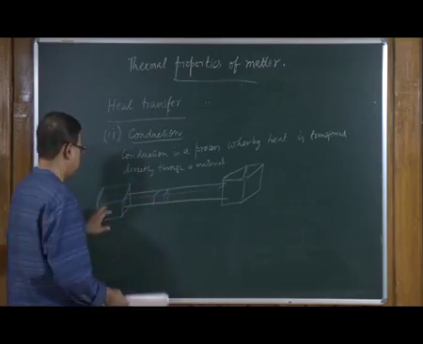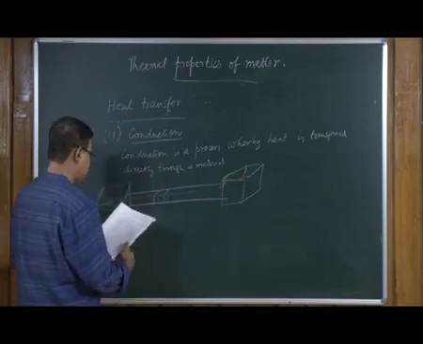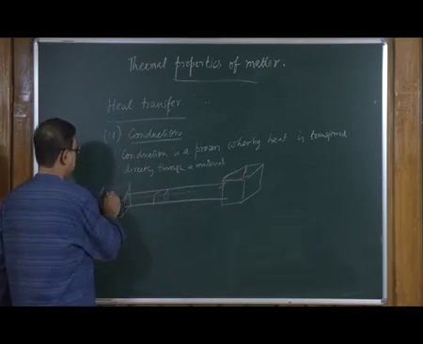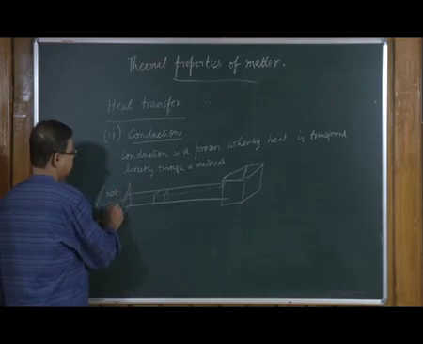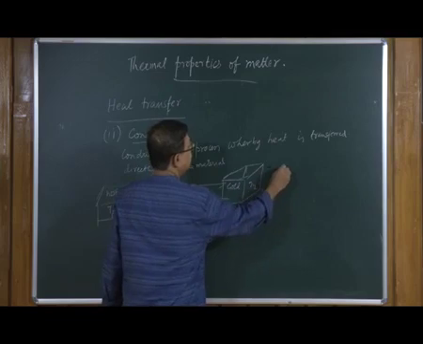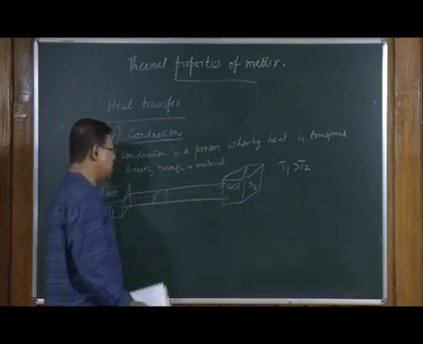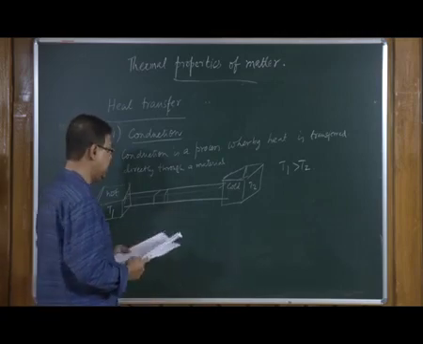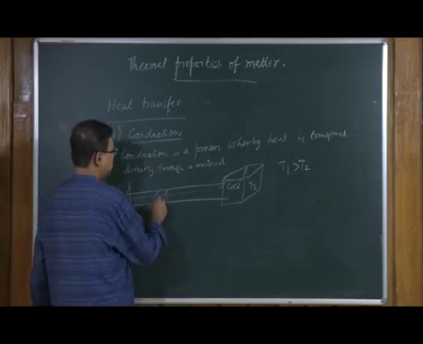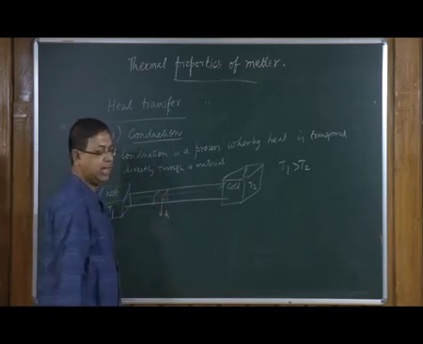So, there are two bodies which are kept at different temperatures. Let us call this one hot, at a temperature T1, and this one cold, at a temperature T2, such that T1 is greater than T2, and it is connected by a material medium which has a cross sectional area, let us call it A. So, A is the cross sectional area.